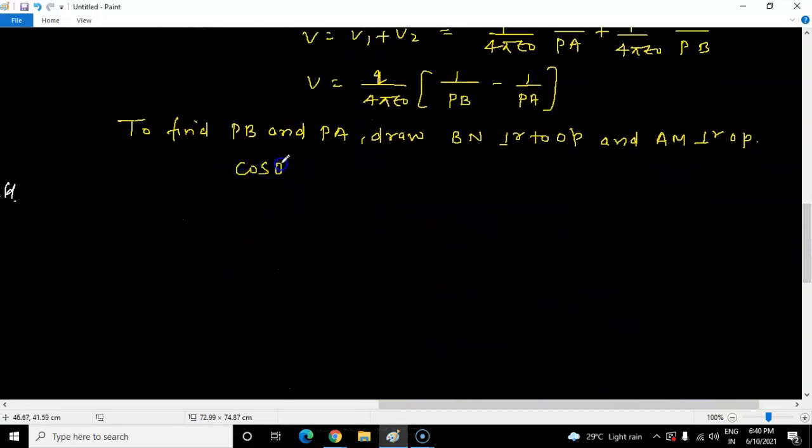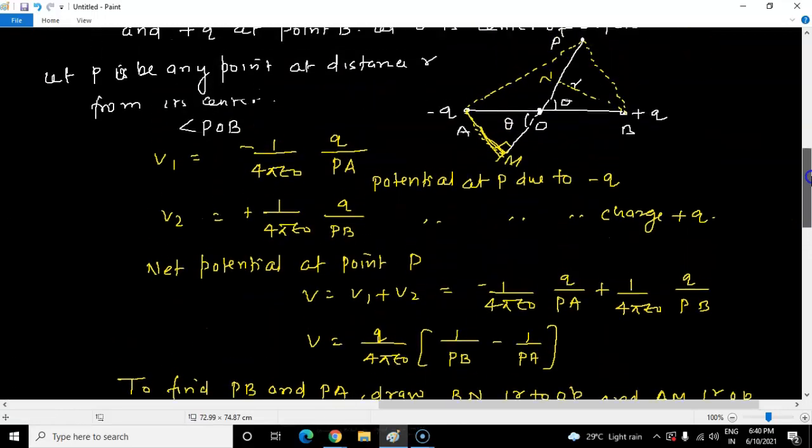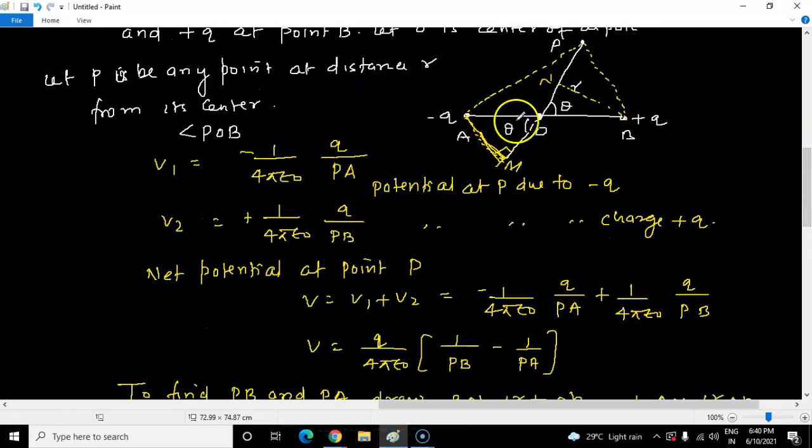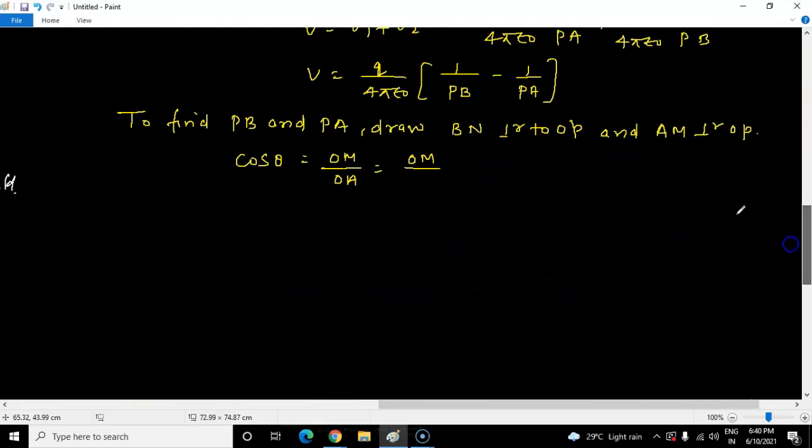So cos theta equals OM by OA. OM we don't know, but OA we know. OA is a, because the total dipole distance is 2a, so this will be a and this will be a. So OM is equal to a cos theta.